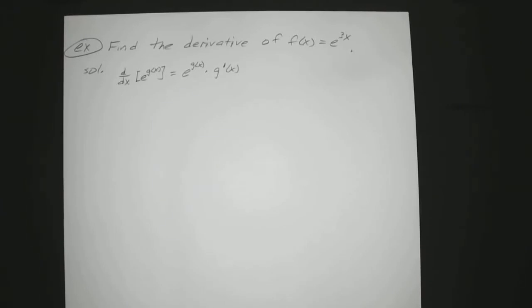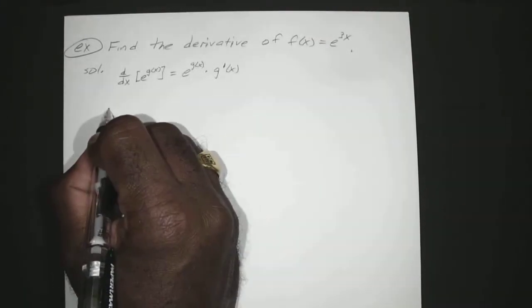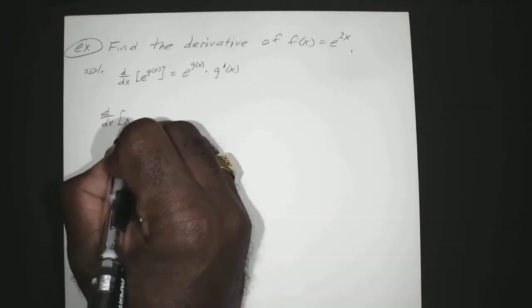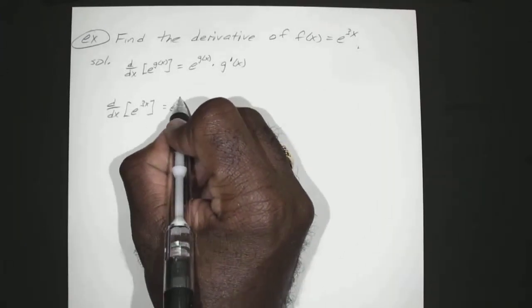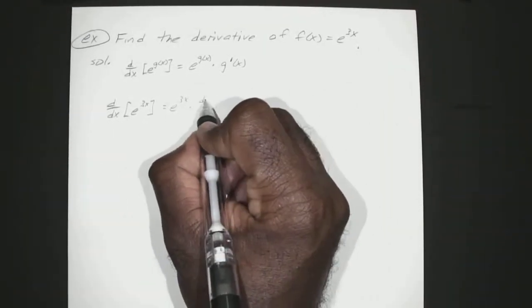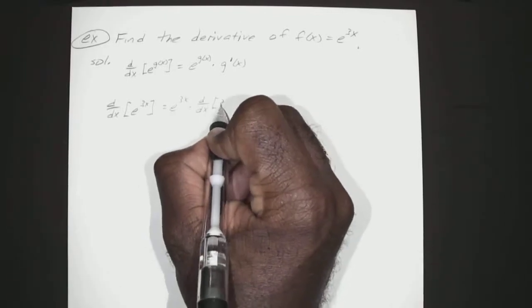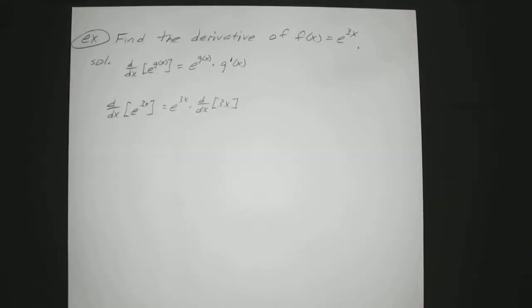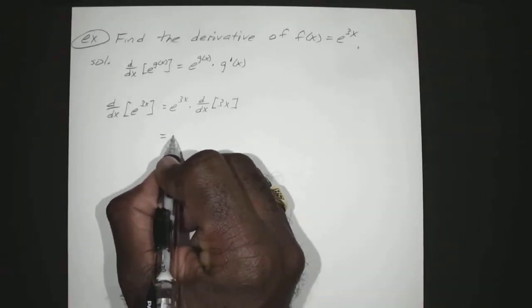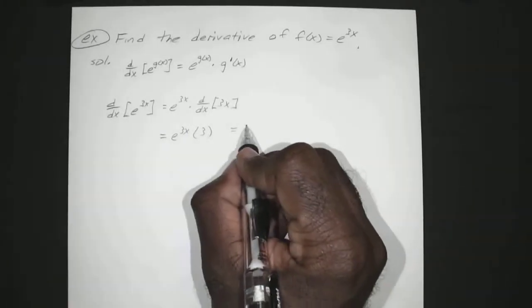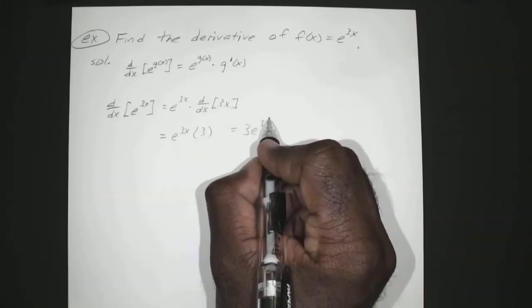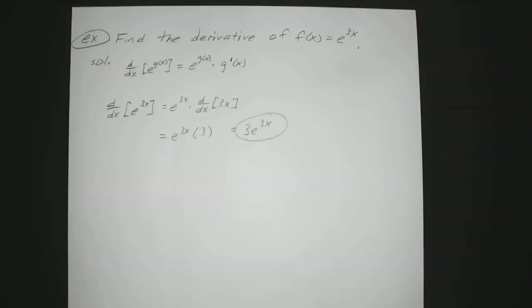That means if we wanted to find the derivative of e to the 3x, that would just be e to the 3x times the derivative of 3x. Okay, which would equal e to the 3x times 3, or just 3e to the 3x. And that's your final answer.